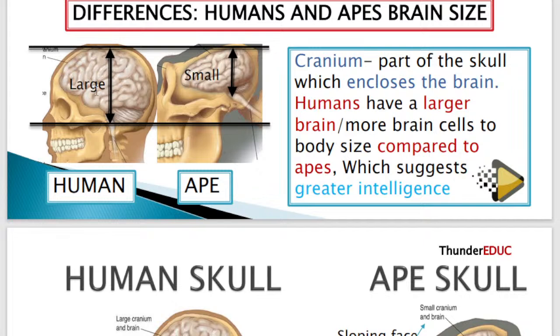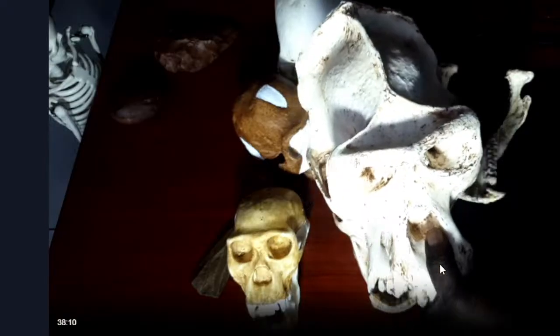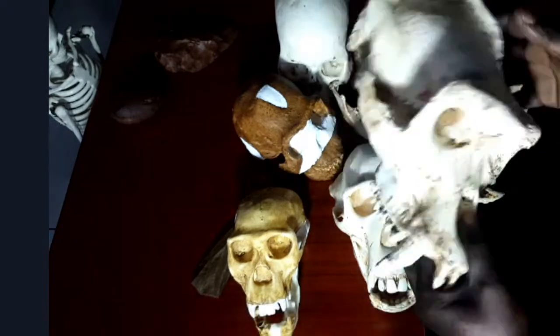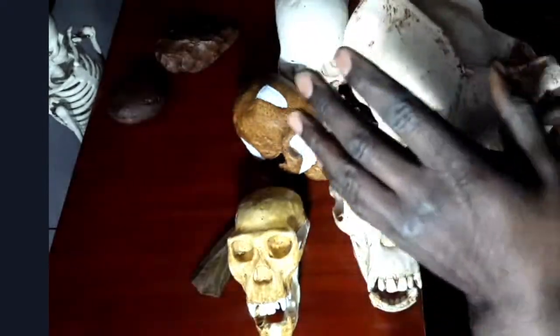The cranium of a human is big compared to the cranium of a gorilla. Yes, it is big. Don't forget that there is a difference between a cranium and a skull. If you look at this, when we talk about cranium, we are not talking about all of it.